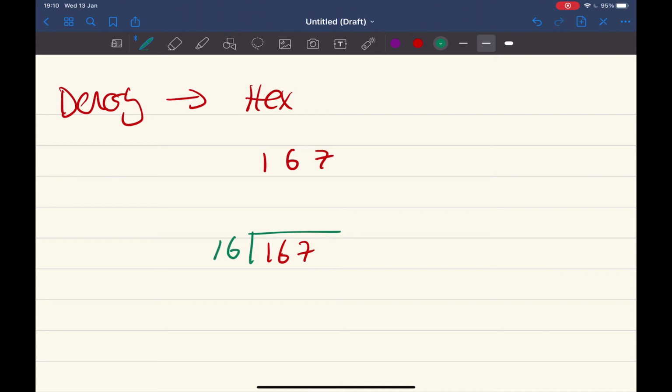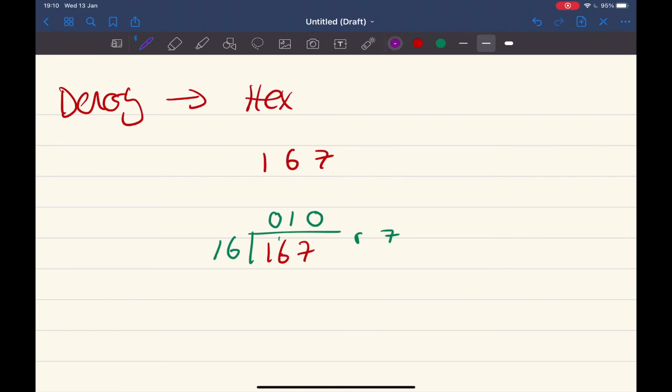So we do 167. We're going to use our bus stop method, the same as what you're used to in maths. And we say how many 16s go into 1, and that would be 0. We then carry the 1. How many go into 16? That will be 1, and there's nothing left over. So we say how many 16s go into 7? There's none, and then our remainder is 7.